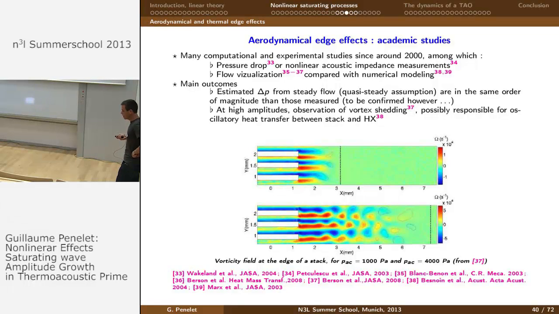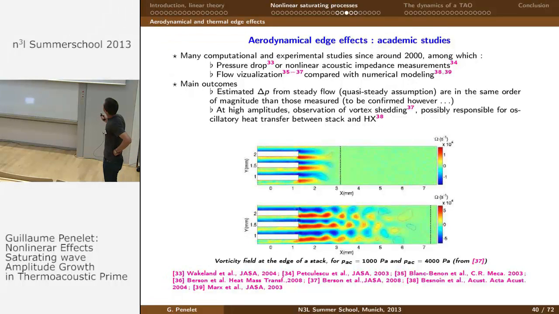There have been many studies, computational and experimental, of effects at the termination of a stack. To summarize, at low amplitudes, the losses due to vorticity are of the same order of magnitude as what we could estimate from a steady flow approximation and a time averaging. But at large amplitudes, we may observe some more complicated processes like vortex shedding.